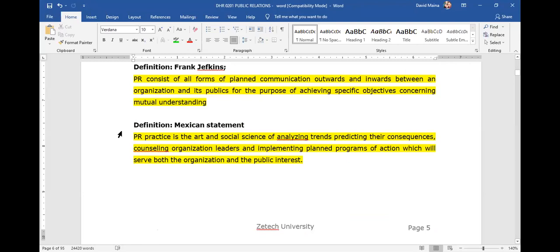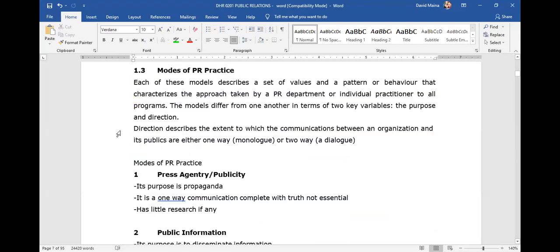Any question? Any question? Kuna swali? I'm asking, is there any question? Samuel Marite, is there any question?